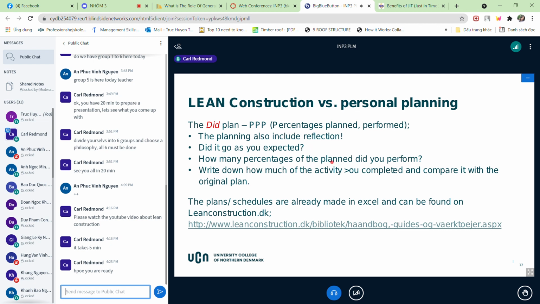And how many percent of planned work did you actually perform? How have you performed in the week? Has it been a good, average, or a bad week? And write down how much of the activity you completed and compare it with the original plan. Because when we compare it with the original plan, next time you do it, it gives you a better base to plan, but it also gives you that thought where you can say, okay, I can optimize. And that's what lean construction is really about. It's optimizing the process.